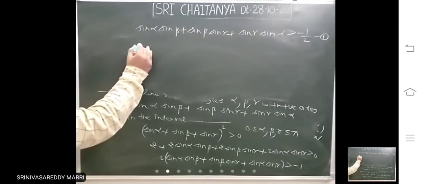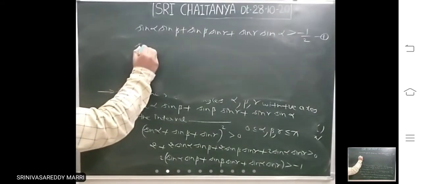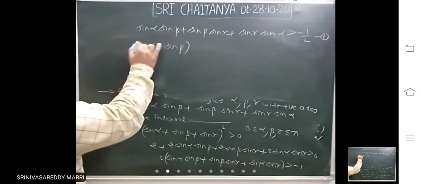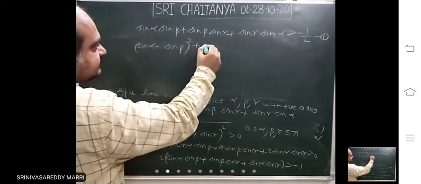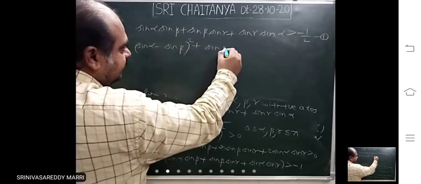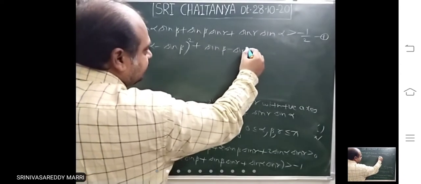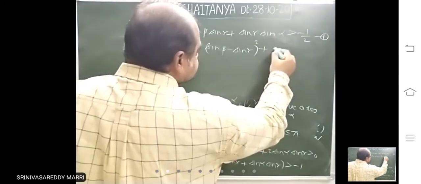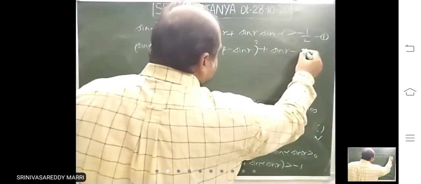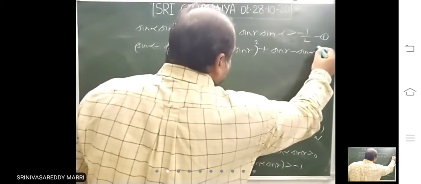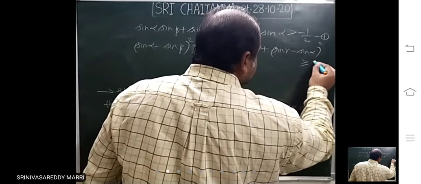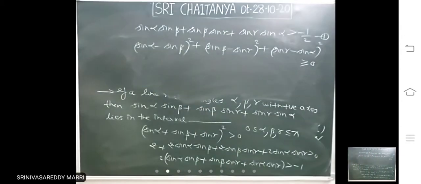Now, you can take another relation. Sine alpha minus sine beta whole square plus sine beta minus sine gamma whole square plus sine gamma minus sine alpha whole square. This is greater than or equal to 0.